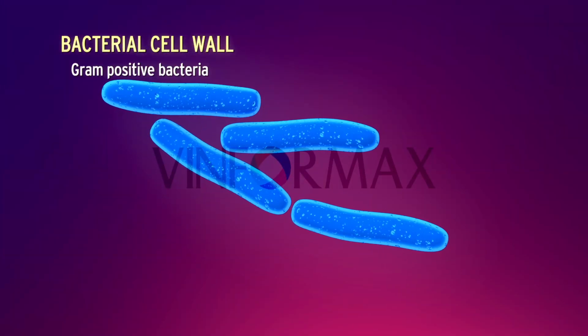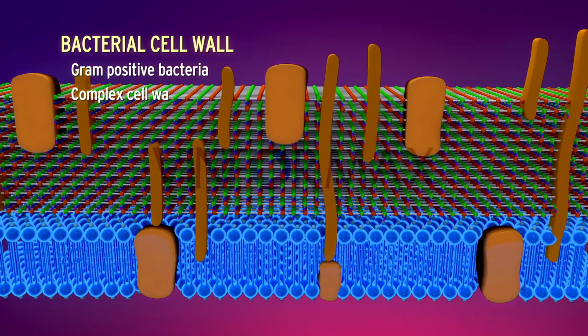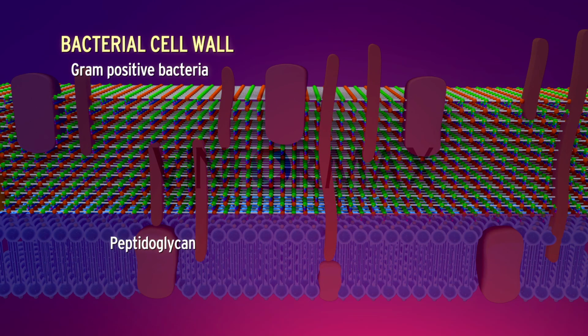Gram-positive bacteria. Most gram-positive bacteria have a complex cell wall consisting of peptidoglycan, also called murein mucopeptide.